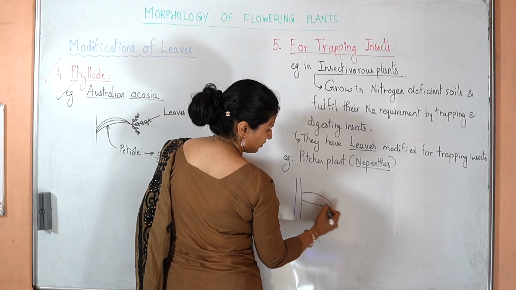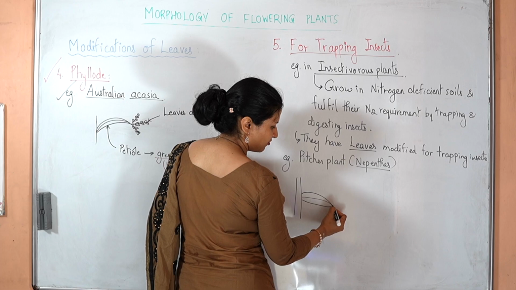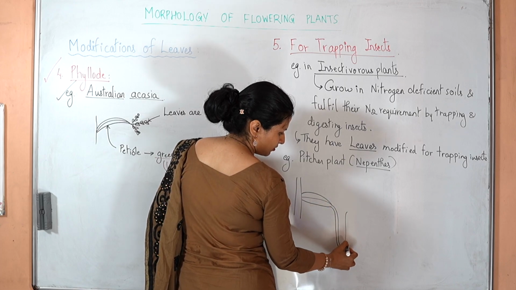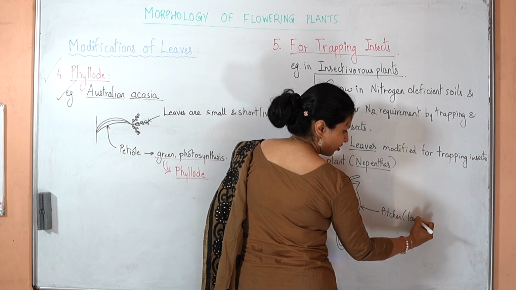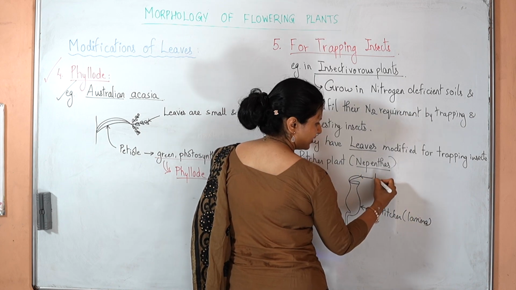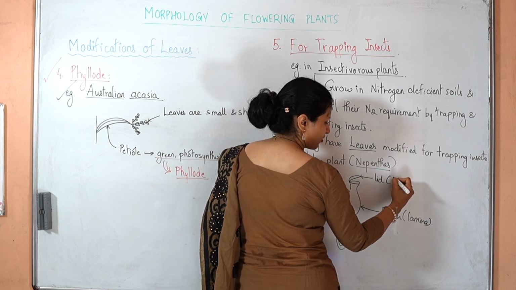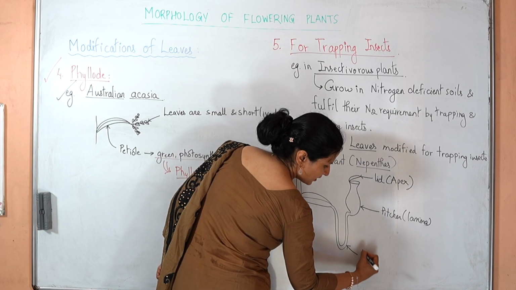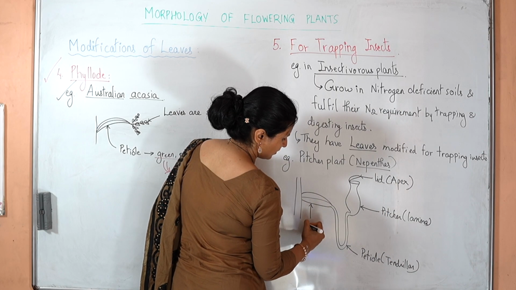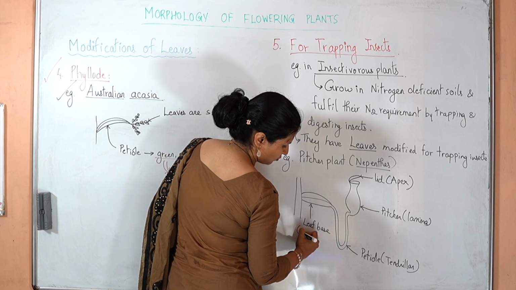This will be the photosynthetic part, the leaf base. This will be the petiole, and there will be this pitcher which will be formed from lamina of the leaf. This is the lid of the pitcher which will be formed from the apex of the leaf.